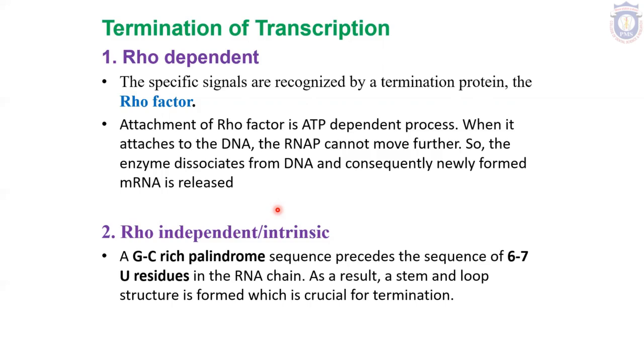The second type of termination is rho-independent or intrinsic termination. A guanine-cytosine-rich palindrome or GC-rich palindrome sequence precedes the sequence of 6 to 7 uracil residues in the RNA chain. As a result, a stem and loop structure is formed, which is crucial for termination.